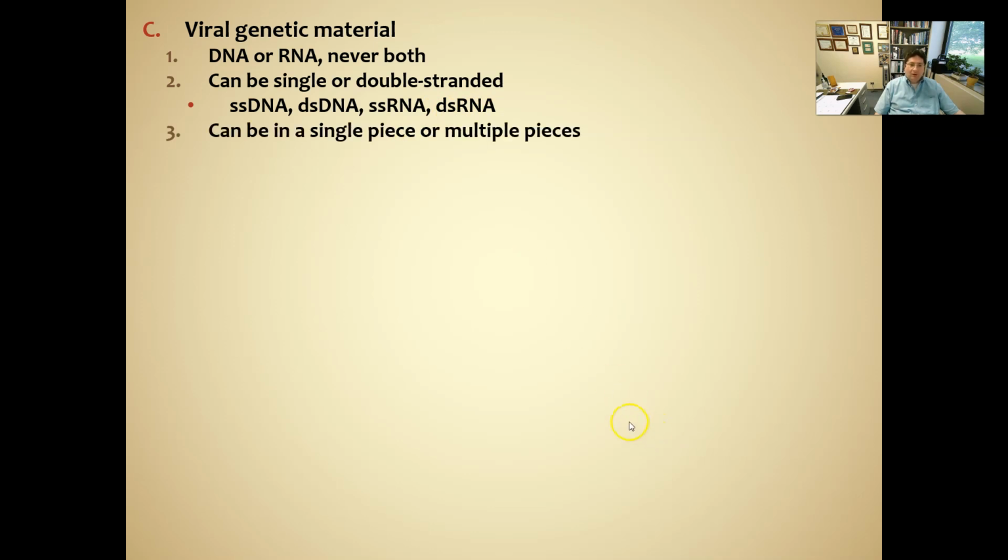And furthermore, whether it's DNA or RNA, the genetic material can be in a single piece or broken up into multiple pieces. So from a taxonomy perspective, scientists classify viruses first on whether they're DNA or RNA, and then you can go from there.